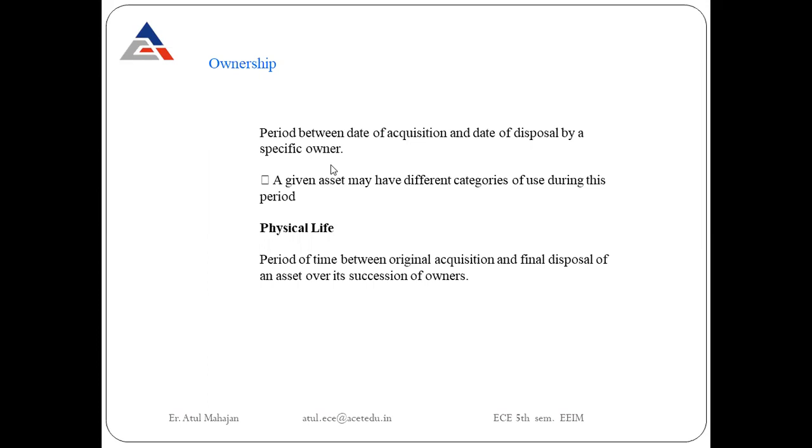So this period of 10 years is the actual period of the physical life of my product. The physical life of my product comes with the date of acquisition, when I actually bought that product, and the date of disposal, when I actually disposed of that product.